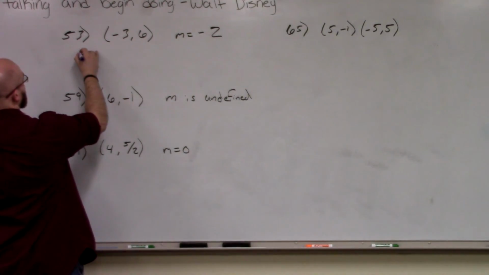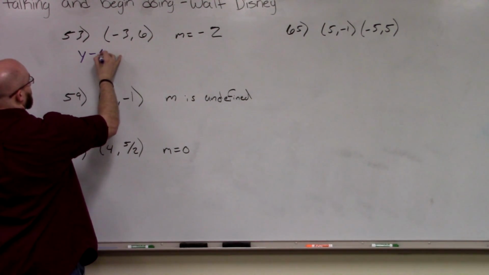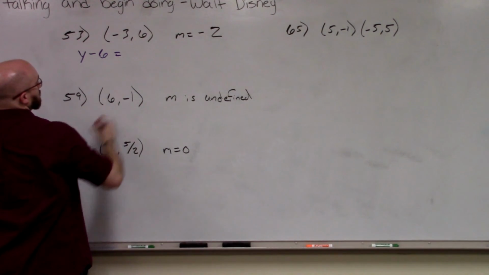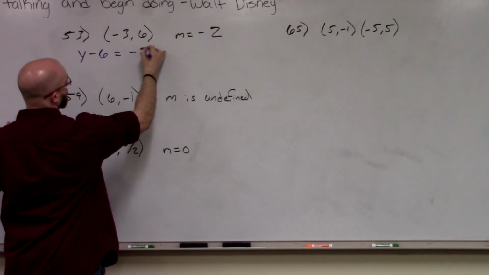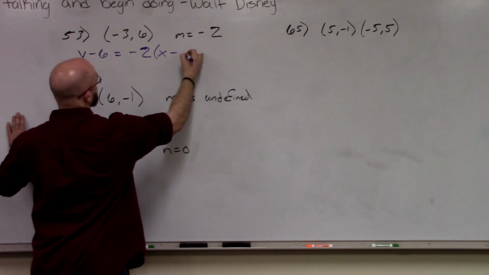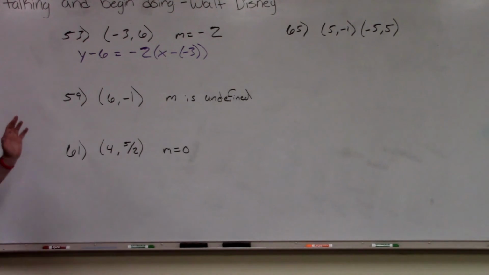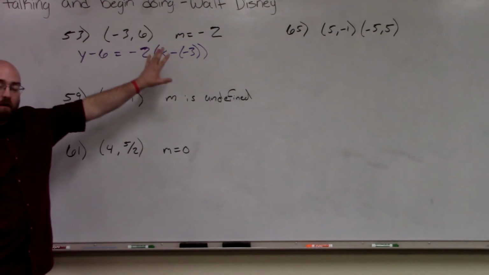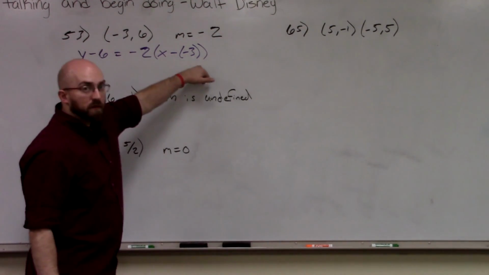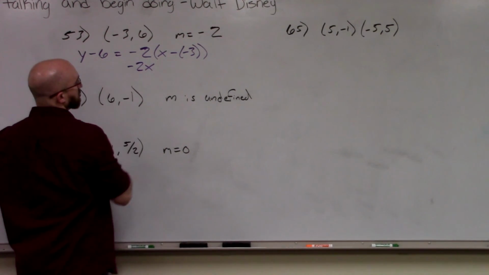So our y minus 6 equals negative 2, because that's our slope, times x minus negative 3. Okay? So let's solve for y. Distribute first, so that means we're going to get negative 2x.